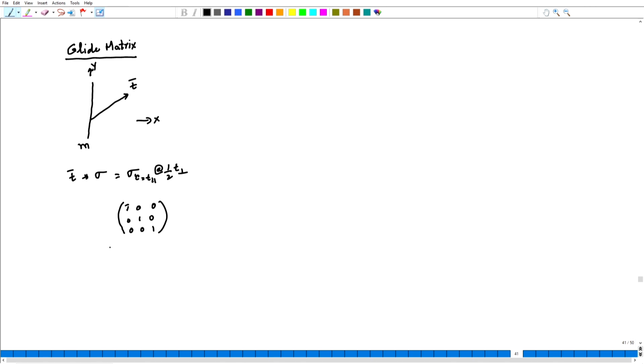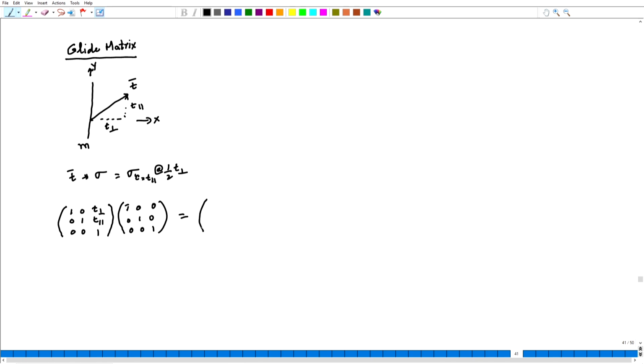And for the translation operation, we have already seen that what would be the translation matrix in homogeneous coordinates. So, the perpendicular translation, so I should just take the two components here, this is t perpendicular, this is t parallel. So, 1 0 t perpendicular, 0 1 t parallel, 0 0 1, and just multiply the two matrices.